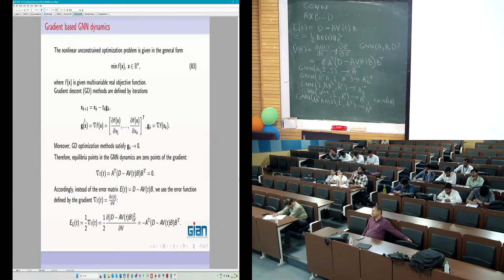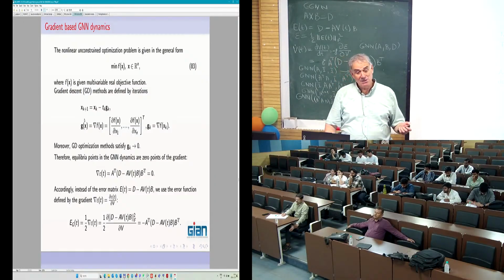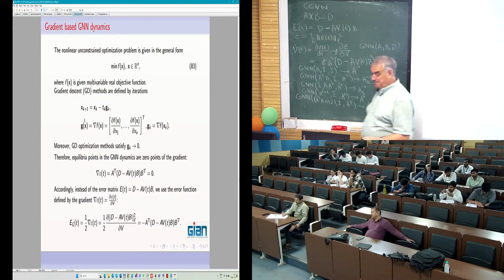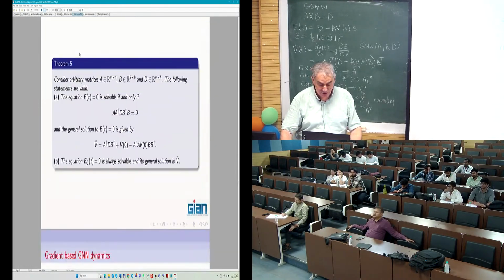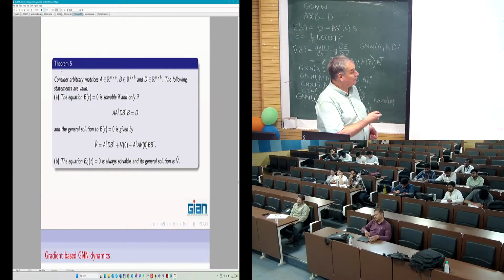I was thinking, is this approach good from the point of view of linear algebra? I found some good property. Our idea was to define GNN dynamics based on it. In this way, it was useful to define the GNN dynamical system, which compares GNN with G. It is a condition for solvability of G of t equals 0.